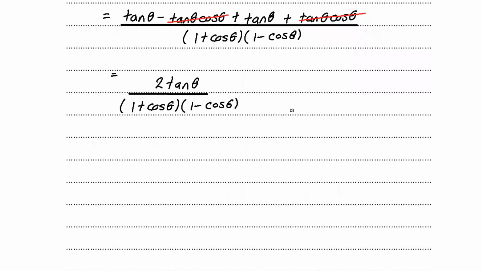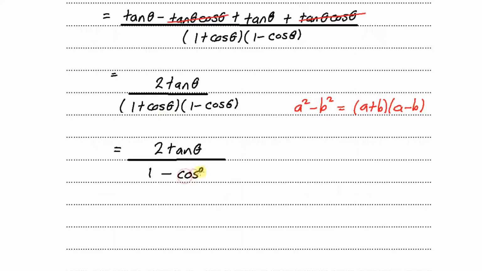Now, if you look at the denominator here, and if you think of the form of difference of two squares, how a squared minus b squared is equal to a plus b bracket a minus b, you can notice that this can be simplified to 2 tan theta over 1 squared minus cos squared theta.